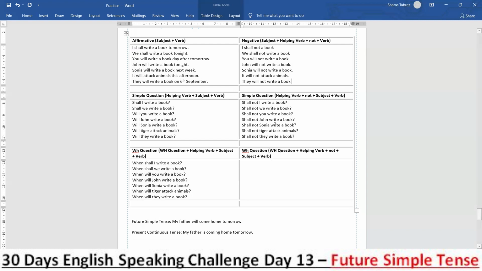So we need to understand the rule. What is the rule applicable for affirmative, negative? In an affirmative sentence, the helping verb comes after the subject, but to make it a simple question, we just bring the helping verb before the subject and the rest of the sentence remains the same. In a simple question, if we add interrogative pronouns like WH words, then it becomes a WH question, right?